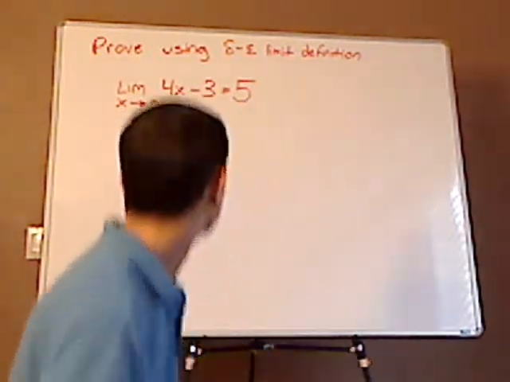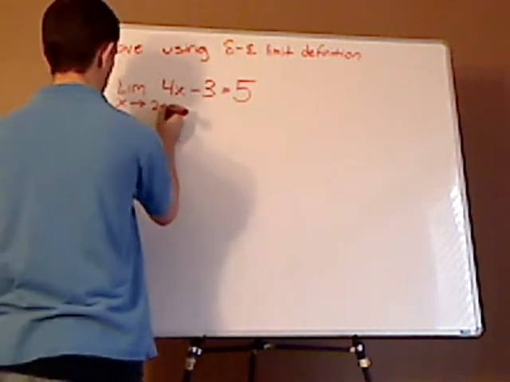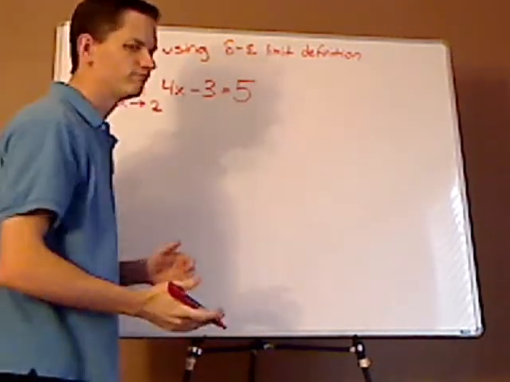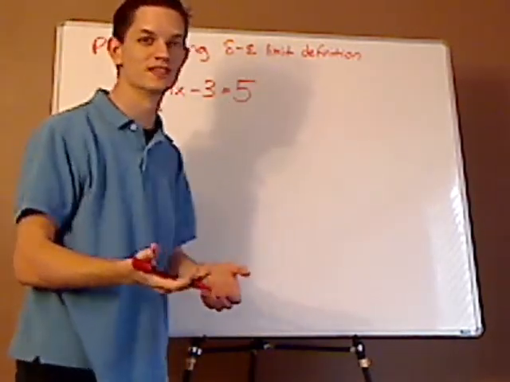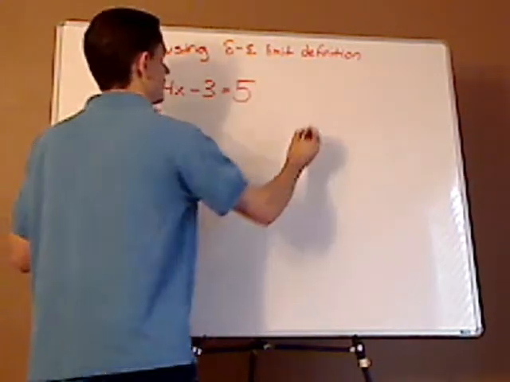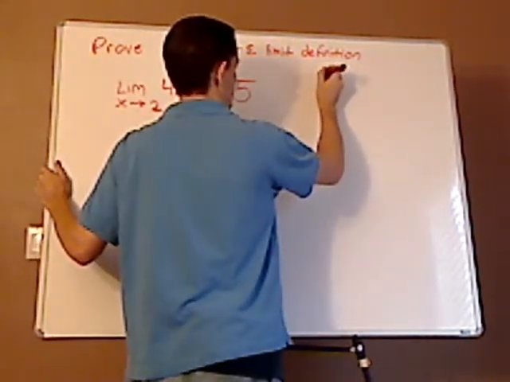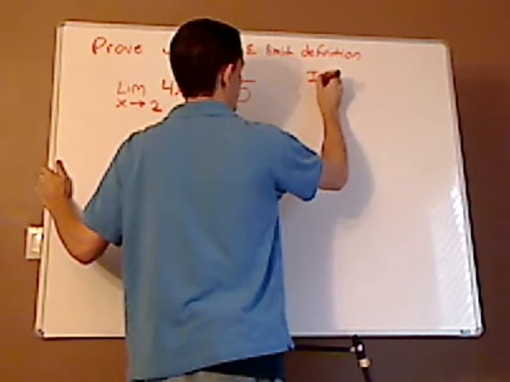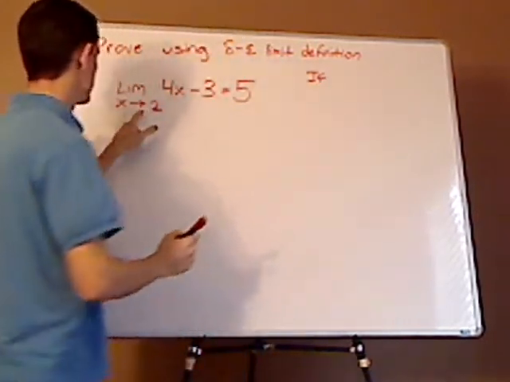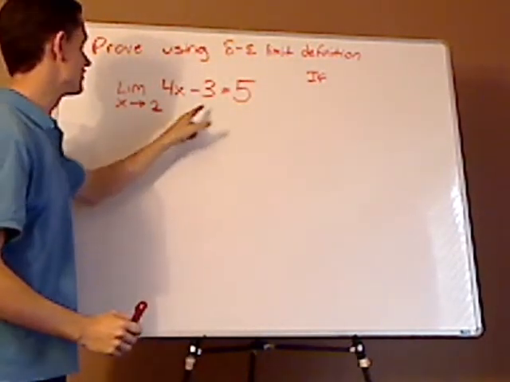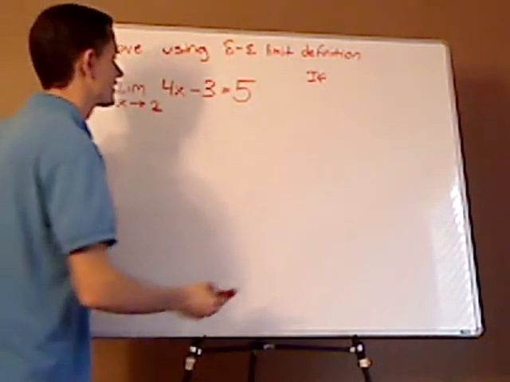Alright, so what you want to do first is review the definition, which is basically this: if you remember, you have your a, which is right here, this is your L, this is your f of x.